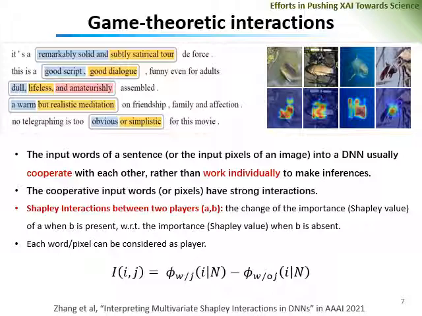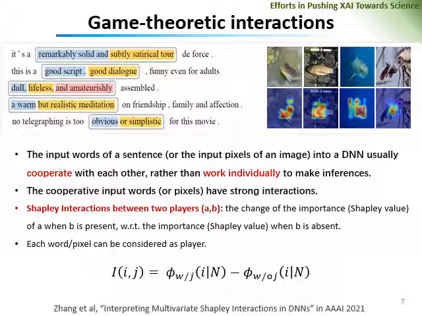We can define the interactions based on the Shapley value, based on the importance of each input variable. Let us consider the importance between two variables, A and B. Their interaction can be defined as the change of the importance of A when B is present, with respect to the importance of A when B is absent.